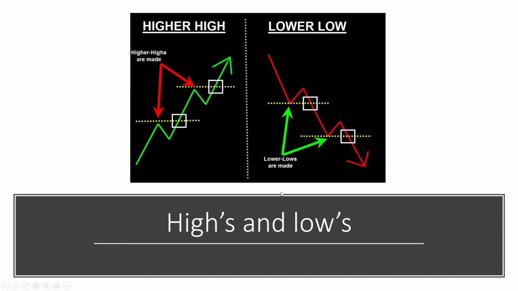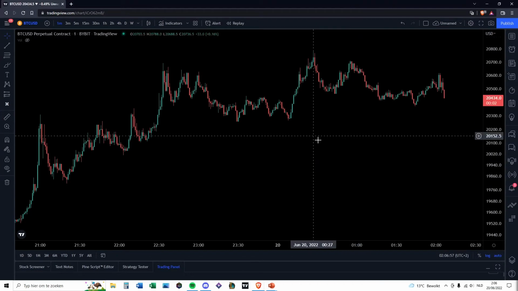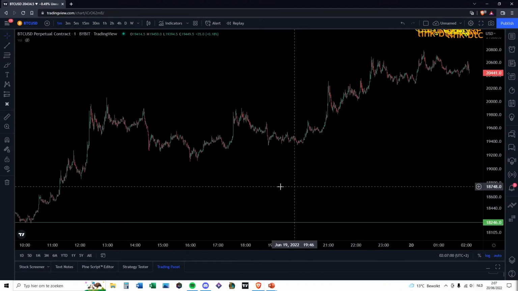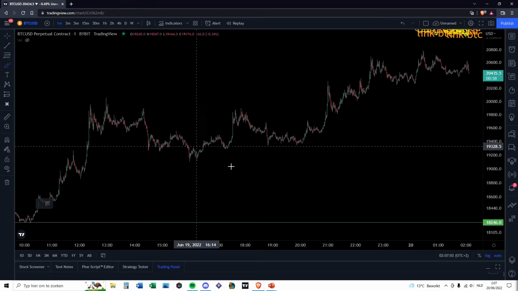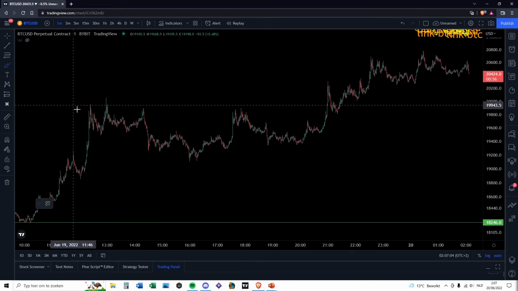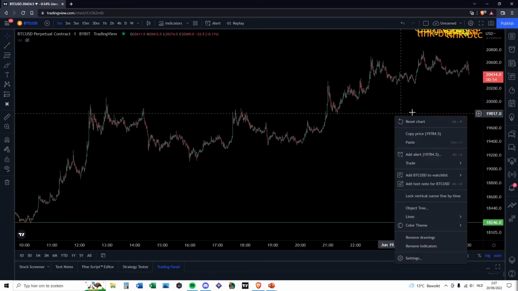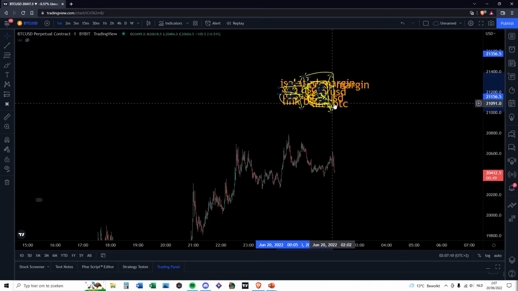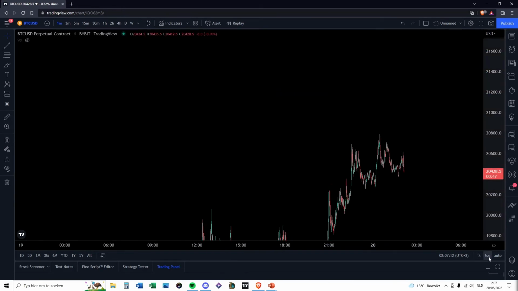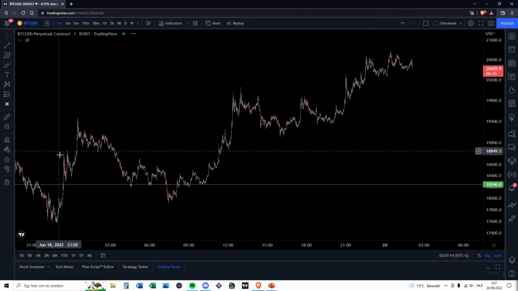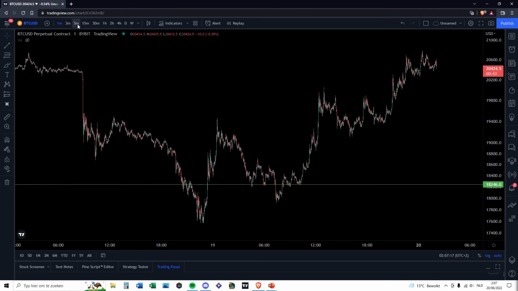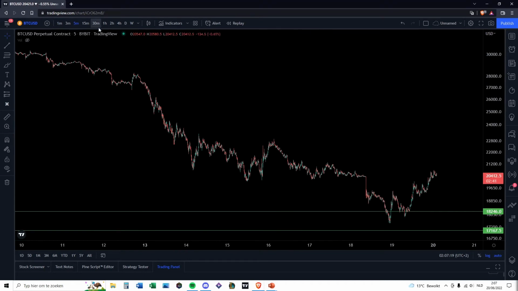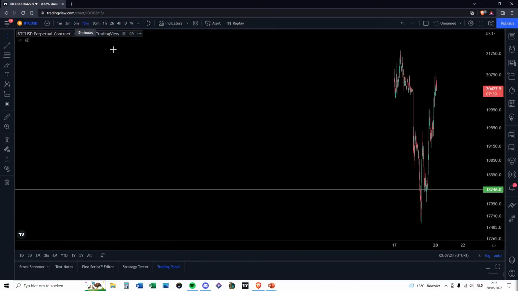So, highs and lows. This is really important if you want to see the bigger picture. Let's say here you have a high and a low. This means you have levels, highs, and lows, and so on. So, let's see, the big picture. You always want to know the bigger picture if you start day trading, of course.